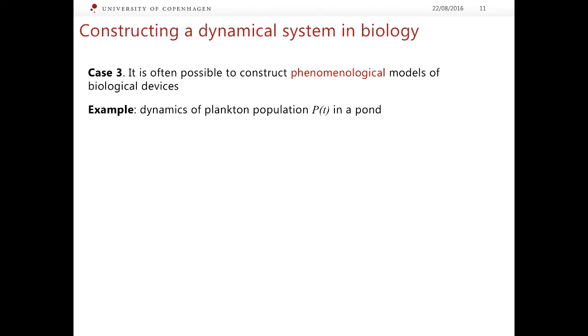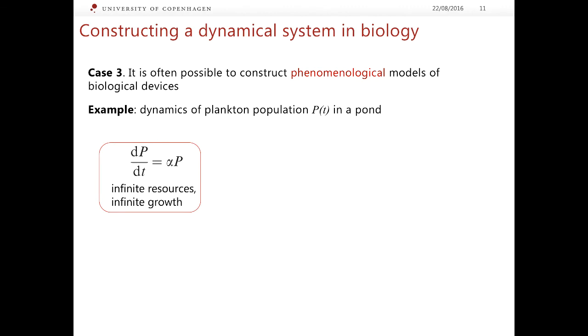Plankton is a relatively simple cell, but still it is quite challenging to model every single cell realistically. But this is not even required if all we want to know is how the mass, the population of plankton in a certain pond grows or decreases or perhaps fluctuating with time. So we are considering only population dynamics, and so we are not interested in the structure of every plankton cell.